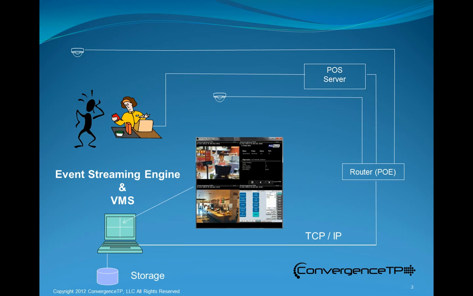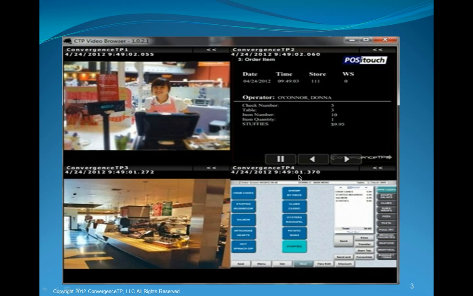Because the POS transaction is streamed to the VMS as a camera stream, it passes seamlessly through the VMS as a camera. You'll also notice that the cameras associated with the workstation are also visible, as well as the actual workstation itself.